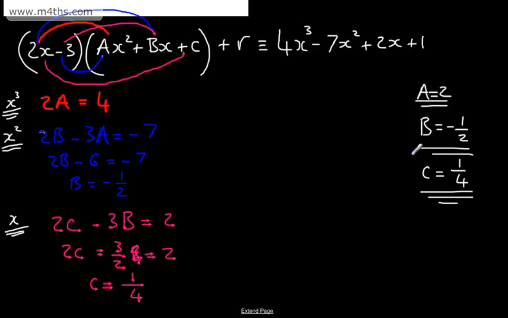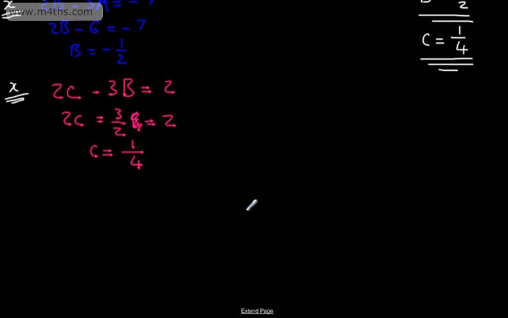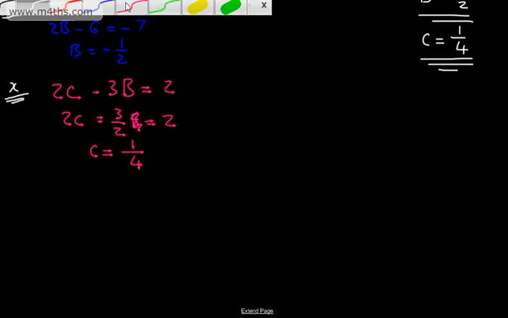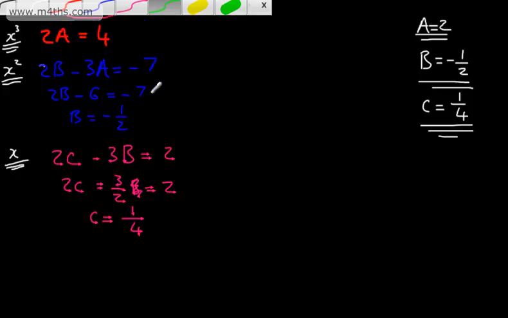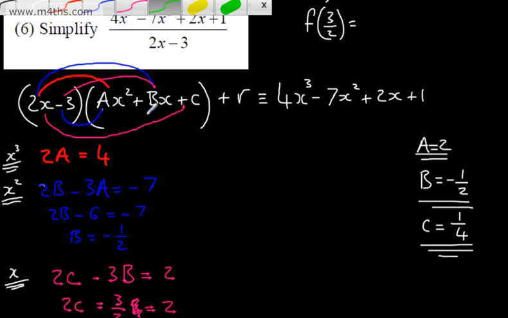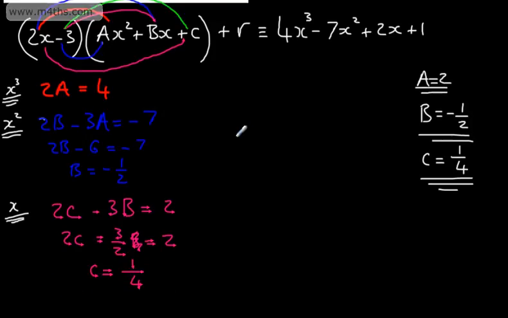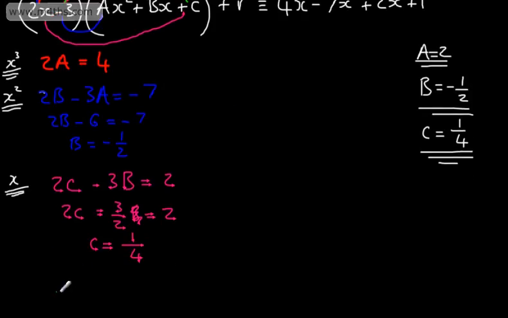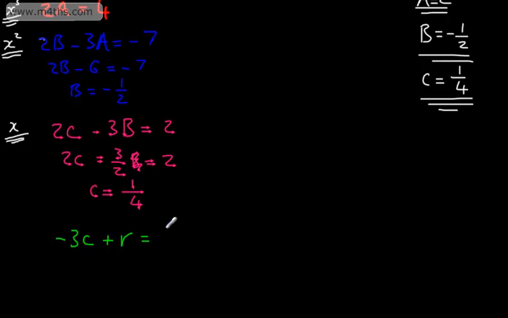Now, if we look at what we've got, the constants, or if you like, the term independent of x. So let's write this here. What we're going to have then is this. We're going to have minus 3c plus r. So minus 3c plus r is going to be equal now to the constant just here, which is going to give us 1.